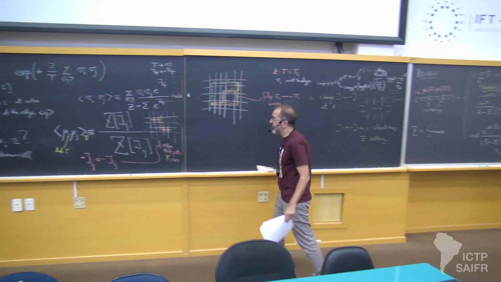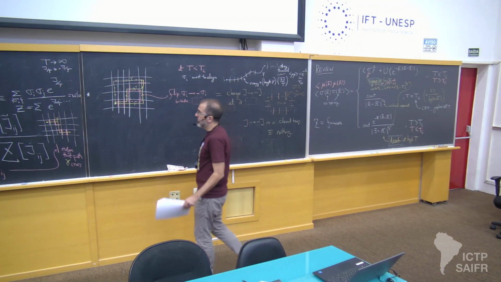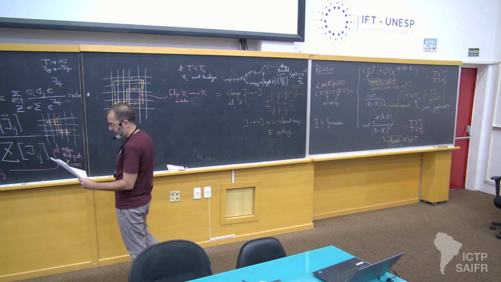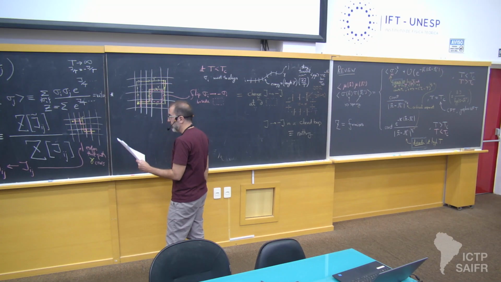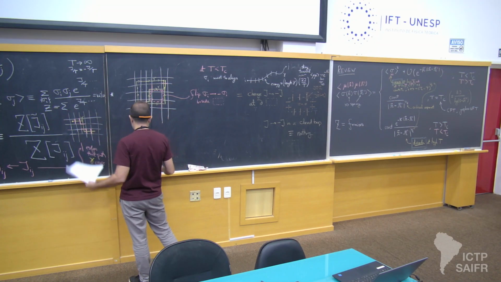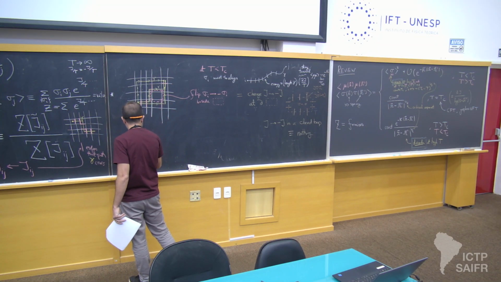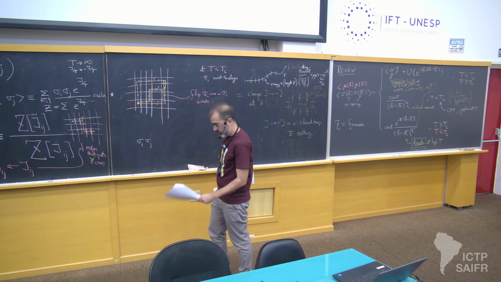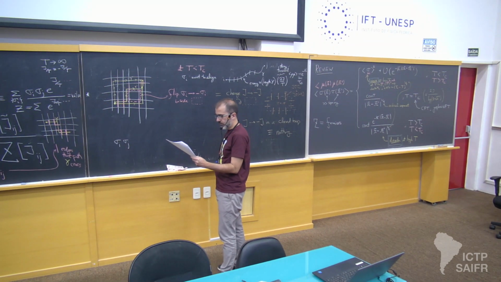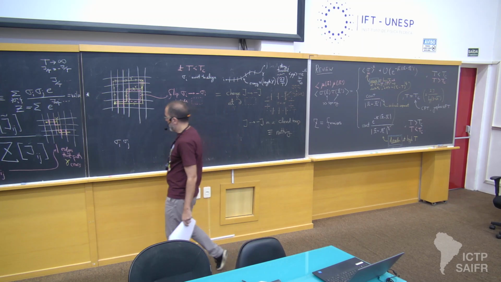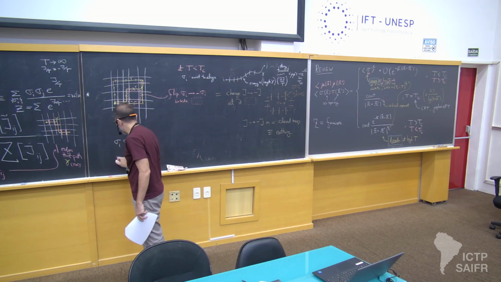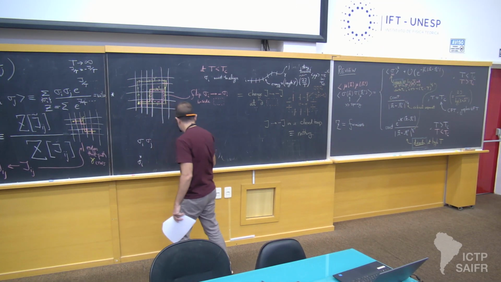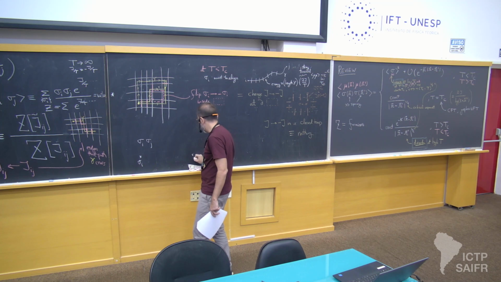And it's actually very easy. You just notice the following. You just notice that I have this downstairs, sigma i, sigma j. So here is sigma i, and here far away is sigma j.